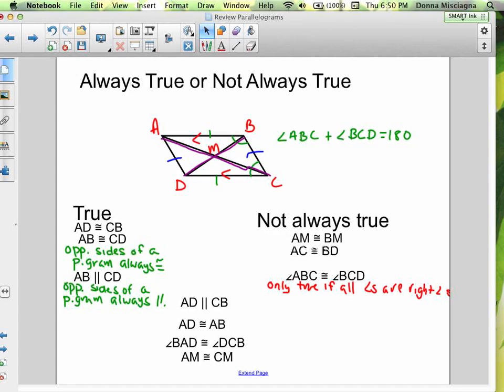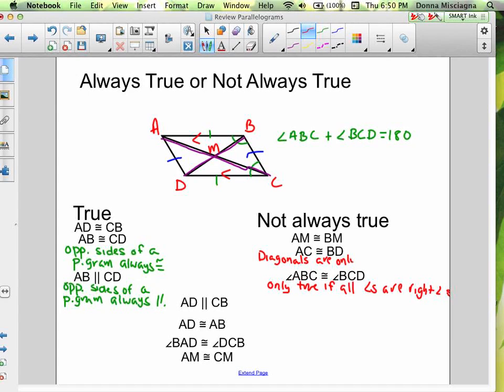Just like those pieces aren't always congruent, the diagonals aren't always congruent. And actually, the diagonals are only congruent if the angles are congruent. So that's going to mean we'd have to have 4 right angles. And we know the parallelogram doesn't have to have 4 right angles. So the diagonals are not always going to be congruent to one another.